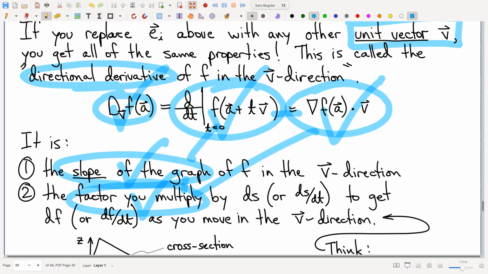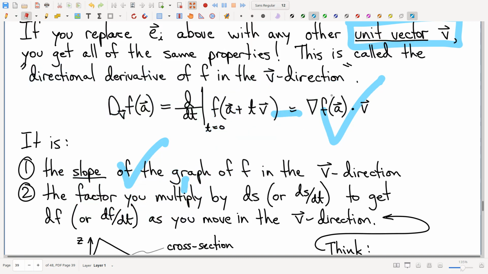So just by stepping back and reminding ourselves that coordinate systems are arbitrarily chosen, we've got a tremendously powerful new concept that we just stole for free from our existing idea of partial derivatives. And this is how I encourage you to think about directional derivatives in general. I encourage you to think of them as being basically partial derivatives. They literally are partial derivatives if you're just thinking in a different coordinate system.